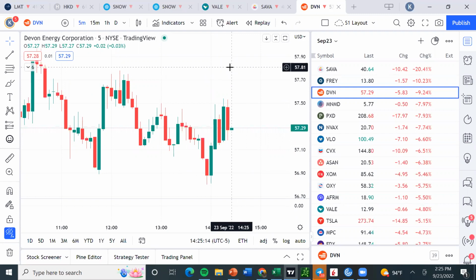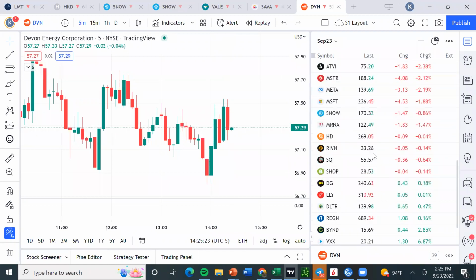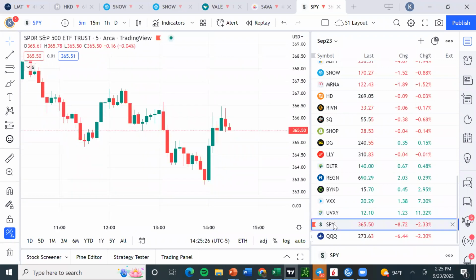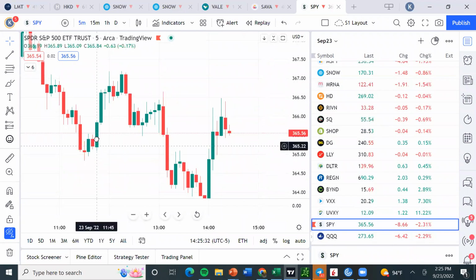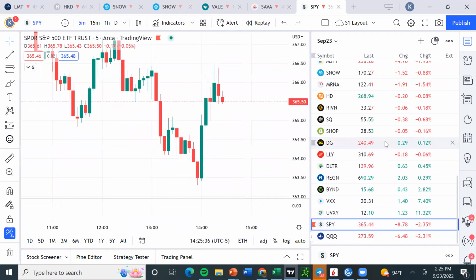But if SPY crosses 366.67, then 368 is possible. I think we made a mistake by selling Sava.